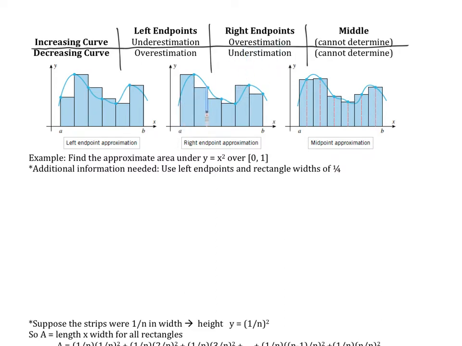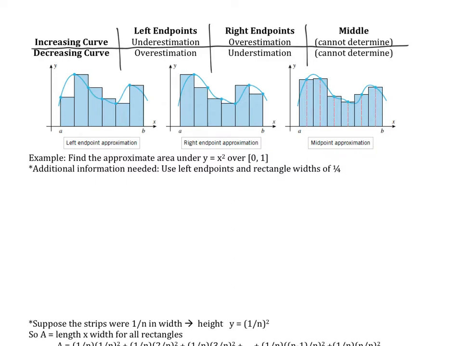If I use a right endpoint and the curve is decreasing, such as here, I will get an underestimate. But check this out. If I use midpoints, if I take it from the middle, whether the curve is increasing or decreasing, I cannot determine if I'm going to get an overestimate or an underestimate. So, having said all that, let's try one.